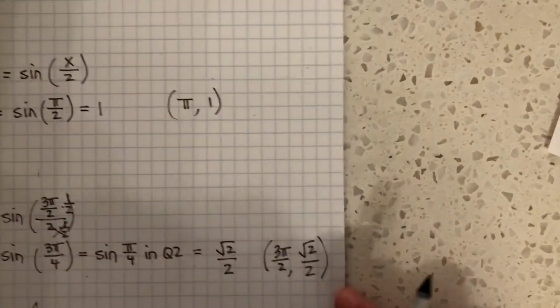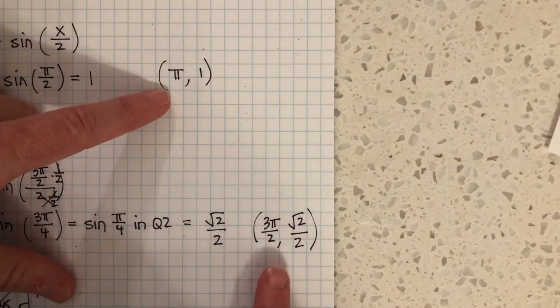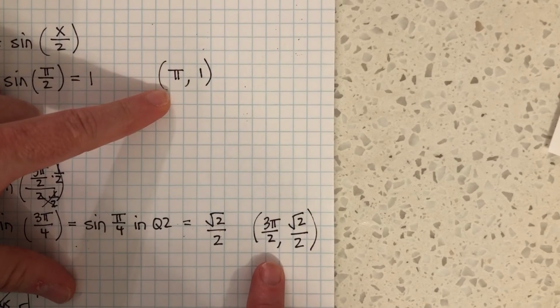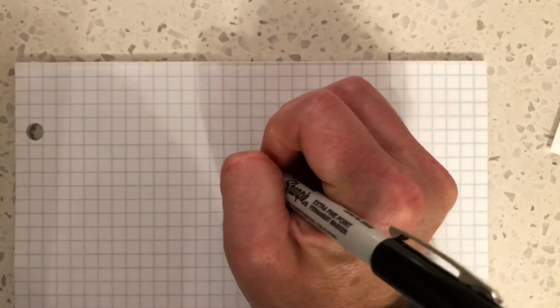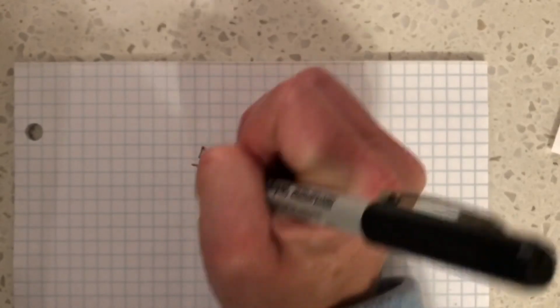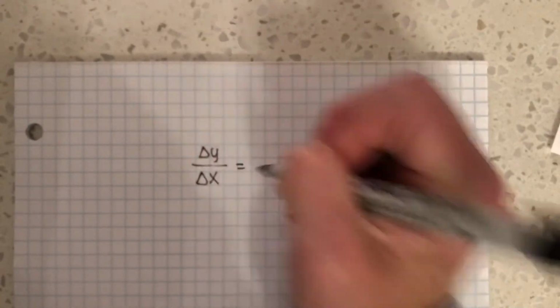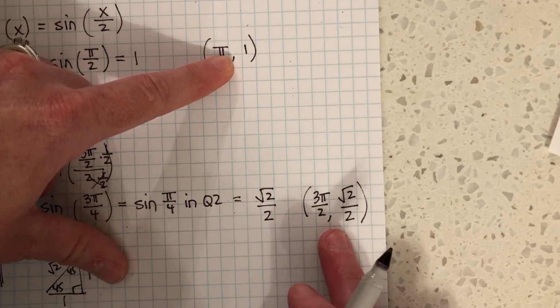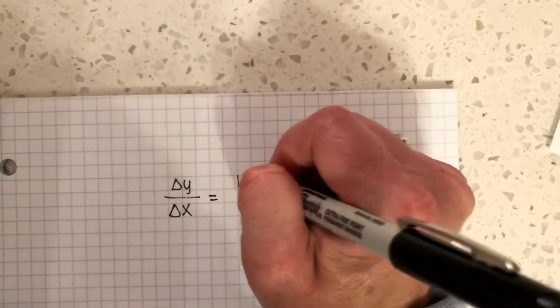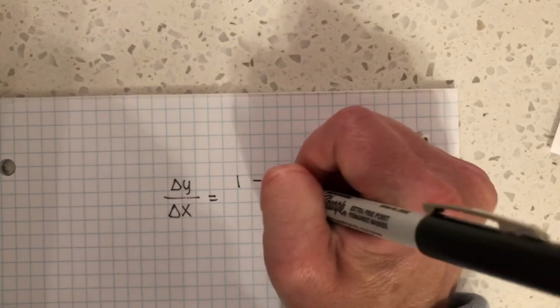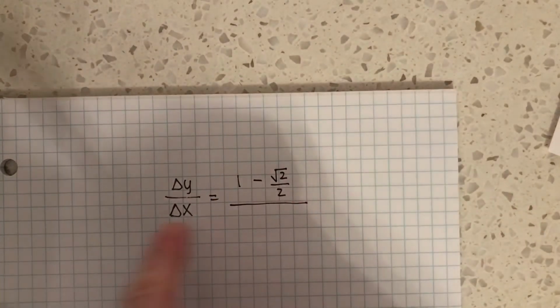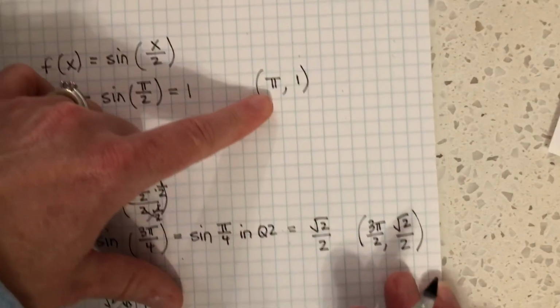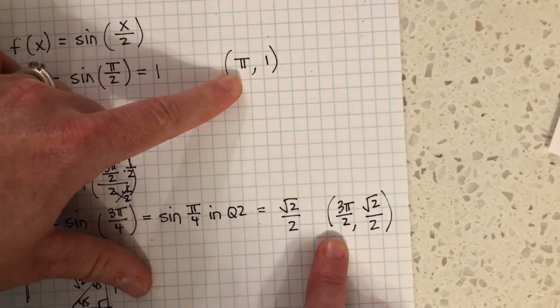All right, well, here we go. We have to use these two ordered pairs to find the change in y and the change in x. So change in y over change in x. The change in y would be 1 subtract root 2 over 2, over change in x would be pi subtract 3 pi over 2.